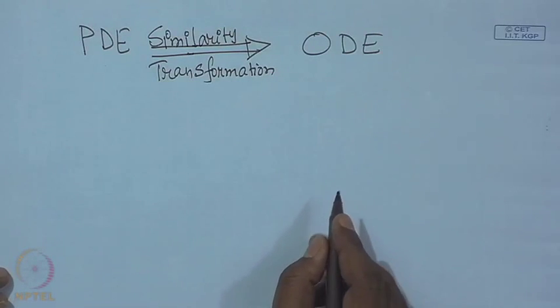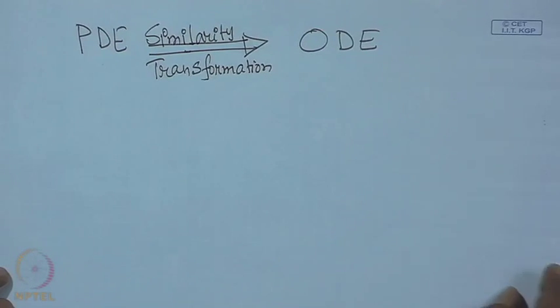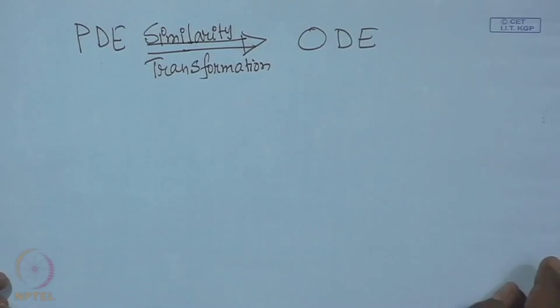ODE being easier to solve, that helps us in our solution. So, people do the similarity transformation to simplify the mathematical tediousness of the problem.